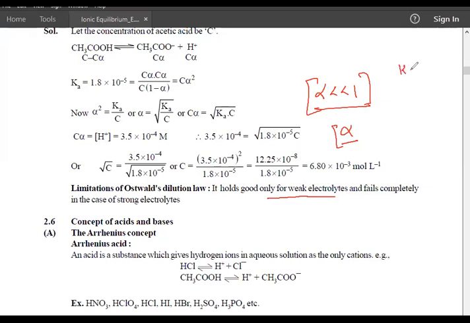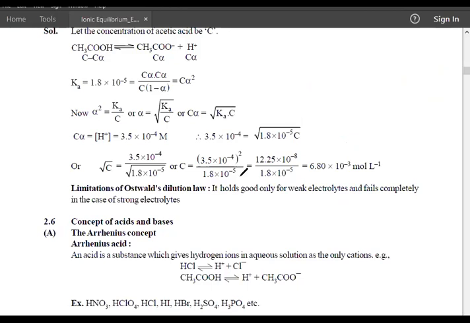You have to see Ka also. If Ka is less than 10 to the power minus 5, then you can ignore alpha. It is not always, remember this, because there is another factor which is concentration. We will see those issues.